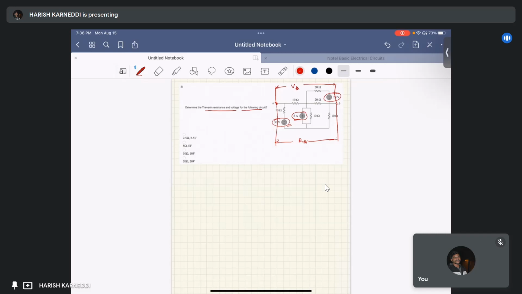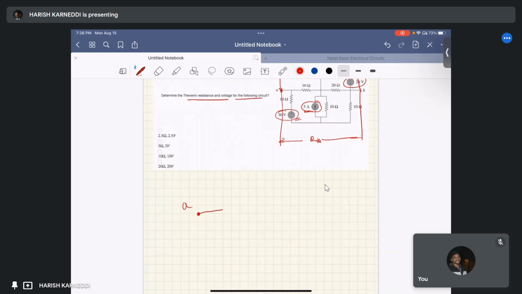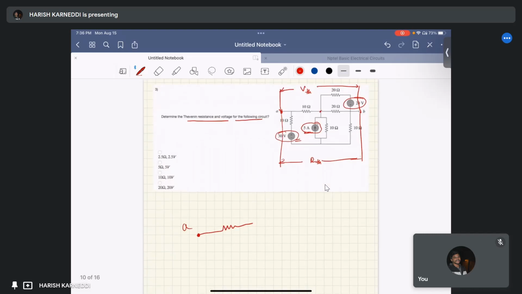So the circuit becomes, this is our A point, okay. Let us suppose we consider this as a C point, and this as a D point. This is our C point, and this is our B point, and this is our D point. From A to D, there is a resistance and an independent voltage source.